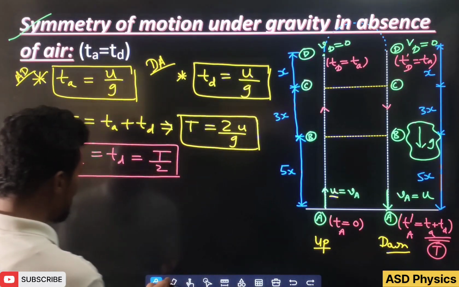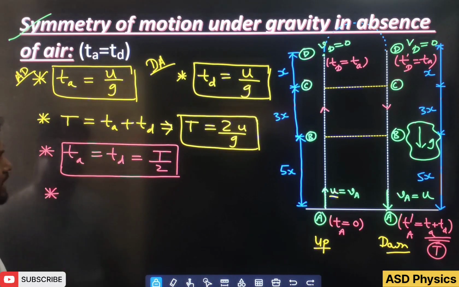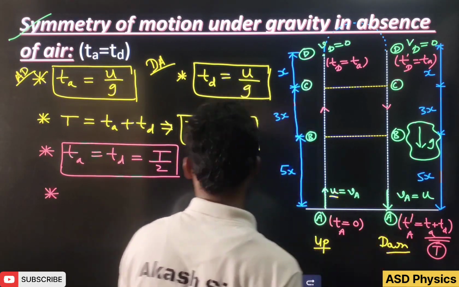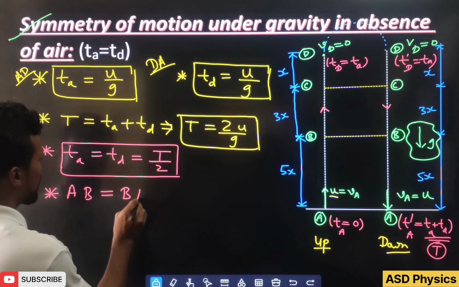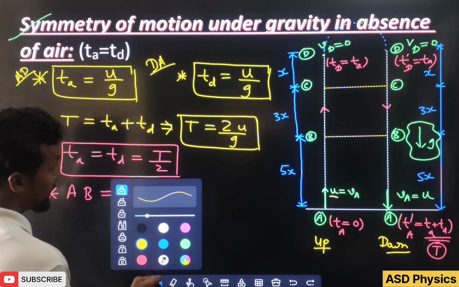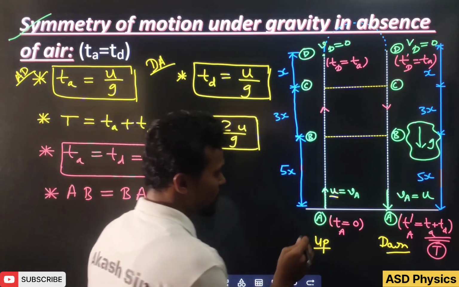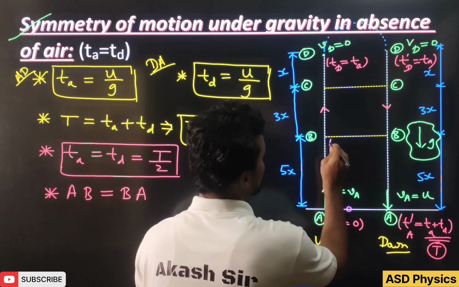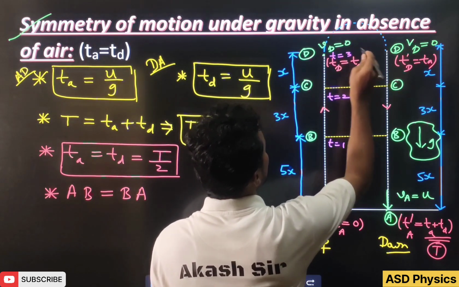Now students, from here the questions used to come. We can say very well that AB is equal to BA. If I take numbers here, let's take t equal to 0, t equal to 1, t equal to 2, and t equal to 3.